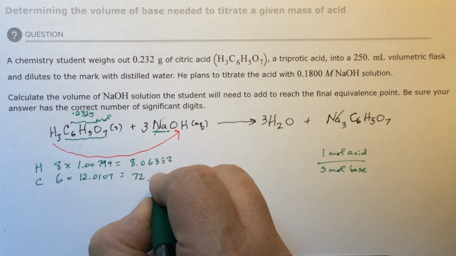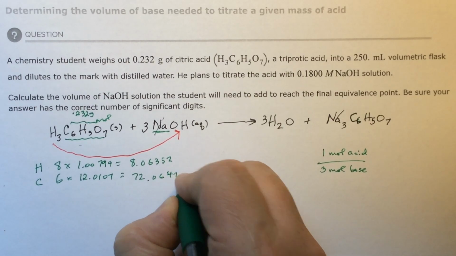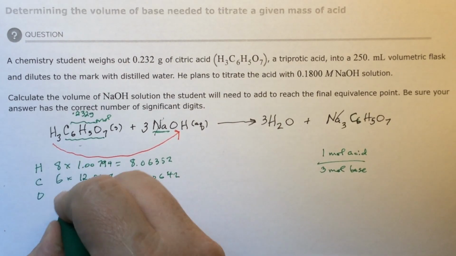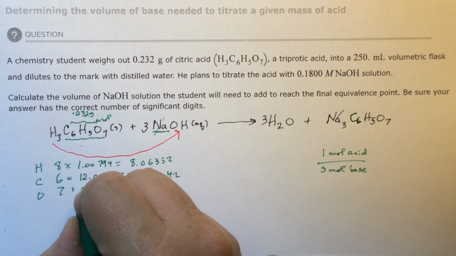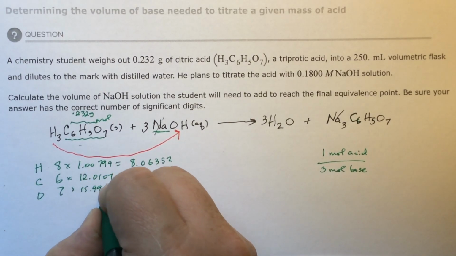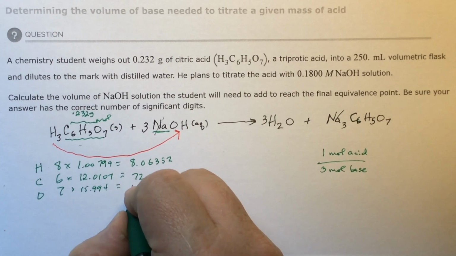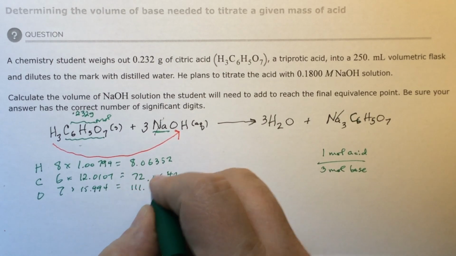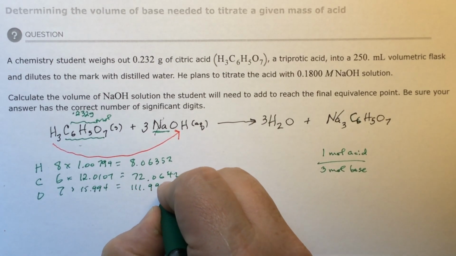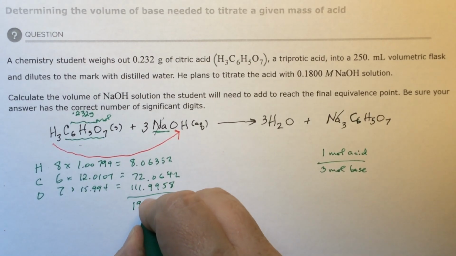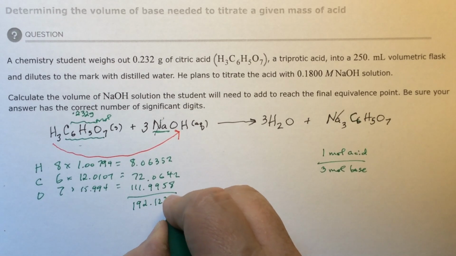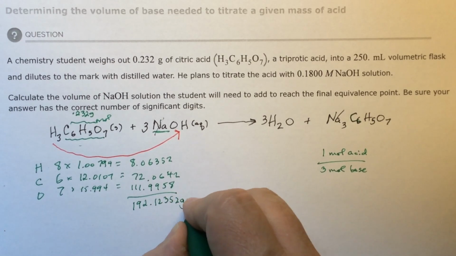That's 72.0642. And then I've got oxygen. There's 7 of the oxygens times 15.994 equals 111.9958. So its atomic mass is going to be 192.12352 grams per mole.